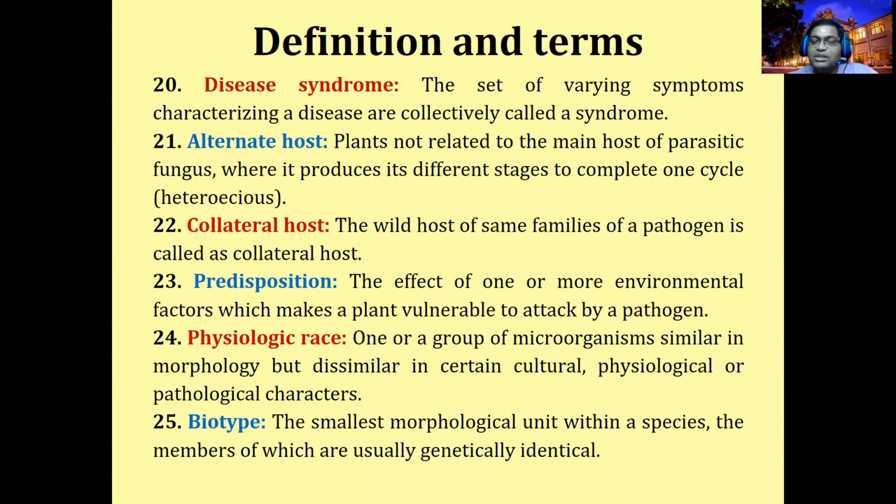These wheat fungi cannot produce sexual spores if there is no alternate host. We call it barberry. Barberry plants are the alternate host for wheat stem rust. Only if the barberry plant is there will they produce sexual spores.